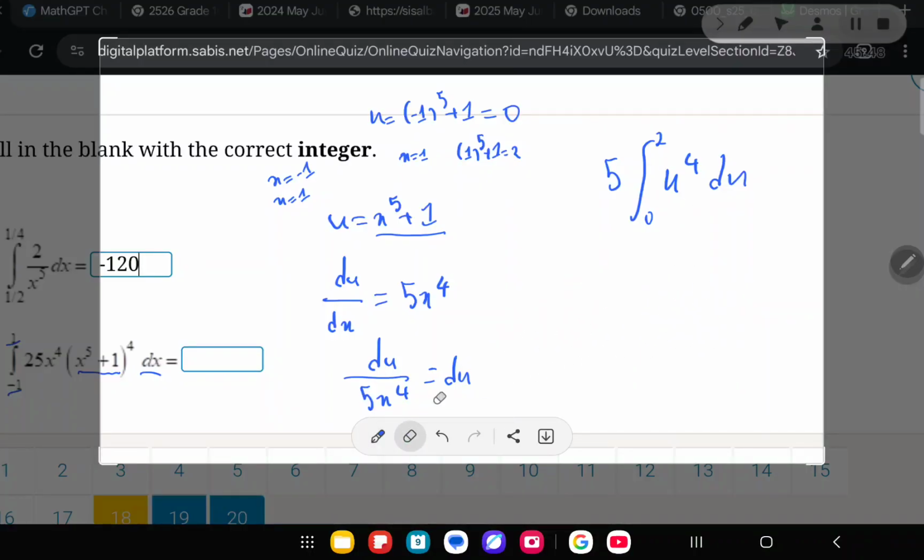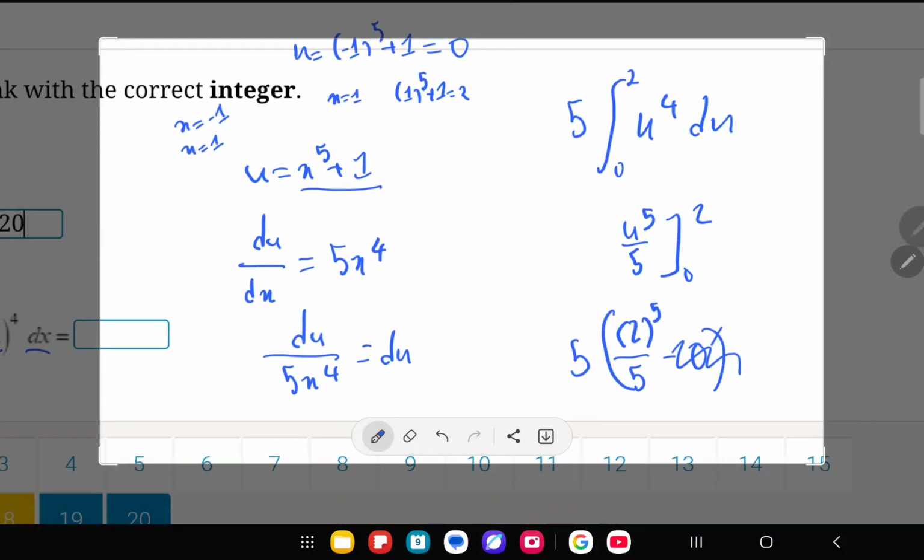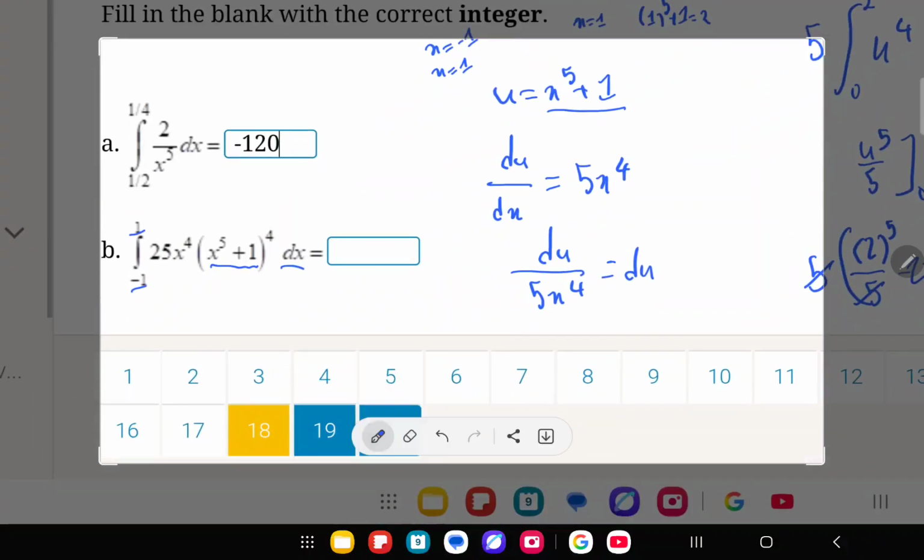Let me just erase all of this. You get u to the power 5 over 5, ranging from 0 to 2. And then you get 2 to the power 5 over 5 minus 0, all multiplied by 5. You cancel the 5s. You get 2 to the power 5, which is 32.